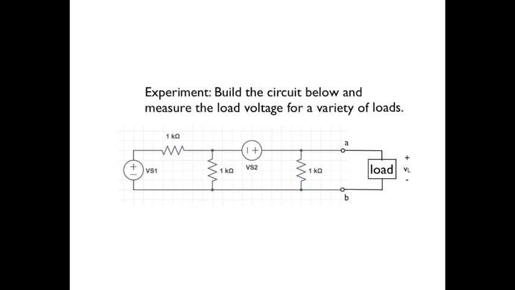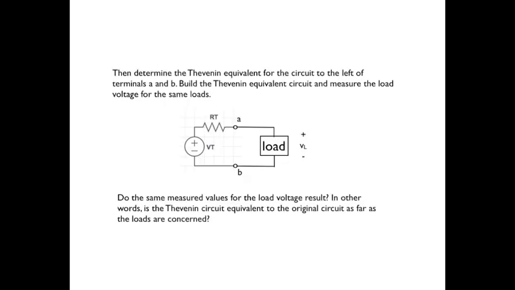So first of all, what would be the Thevenin equivalent to the left of terminals A and B? The Thevenin equivalent consists of one voltage source labeled here V sub t, one resistor labeled here R sub t. To carry out the experiment, we have to first apply Thevenin's theorem to calculate the values of V sub t and R sub t, and then we can proceed with the experiment.